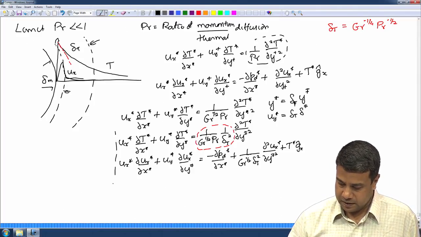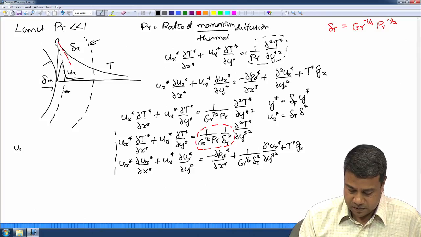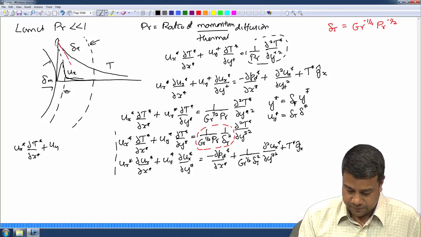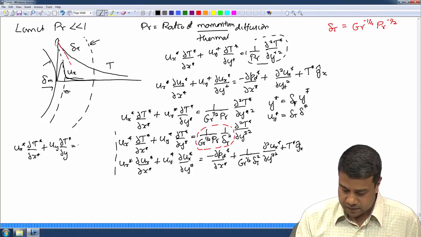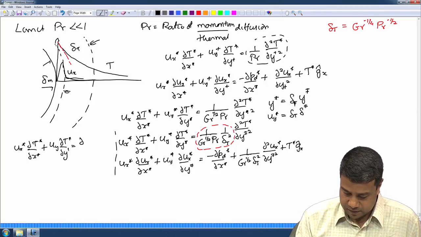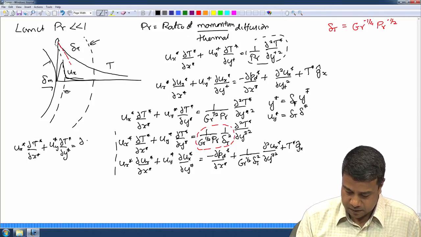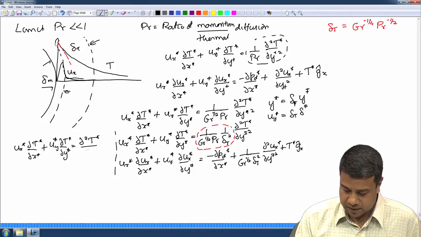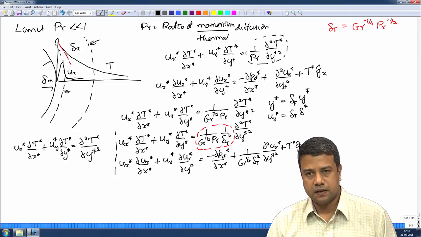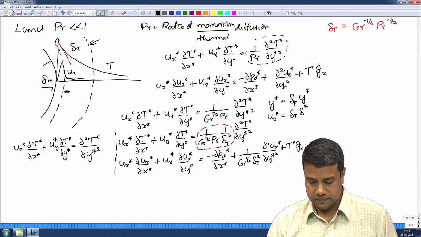And if I use that thermal boundary layer thickness, then the energy equation just reduces to ux partial t by partial x is equal to partial square T star by, that is what it reduces to.